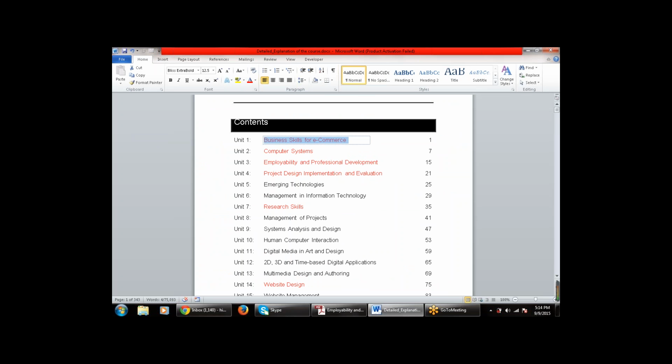This is not mandatory, but these red modules are the mandatory modules. One is business skills for e-commerce, then computer system that we already studied, employability that I'm going to start in today's class, then project design, implementation and evaluation, then research skills. These are the compulsory, mandatory modules in this one.